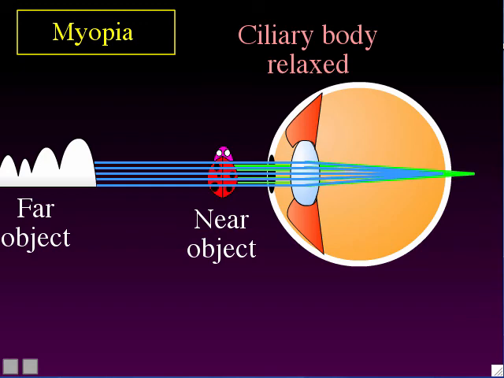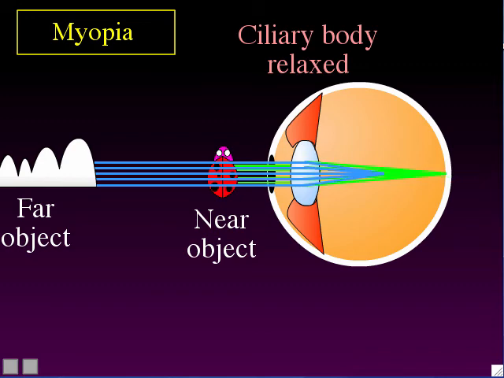So in myopia, the lens has taken on an abnormal shape such that when the person is relaxing their ciliary body muscles, the near object focal points are on the retina and the far object focal points are in front of the retina. Matter of fact, let me just show that to you. Here's where the focal points are for a person who has myopia, like this.